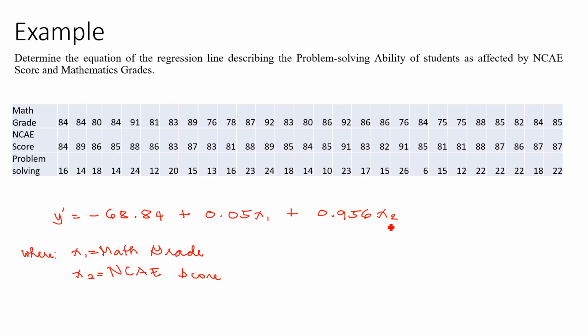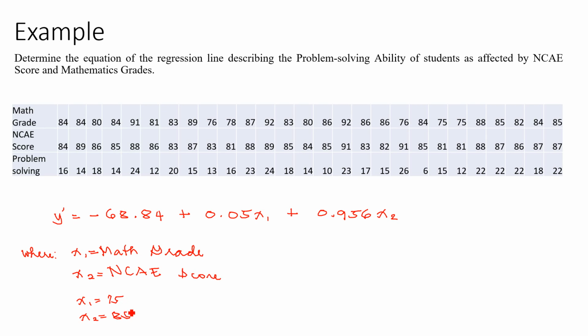For example, let's say the grade of the student is 75, and the NCAI score is 85. So x sub 1 is 75 and x sub 2 is 85. What would be the problem solving score of the student?